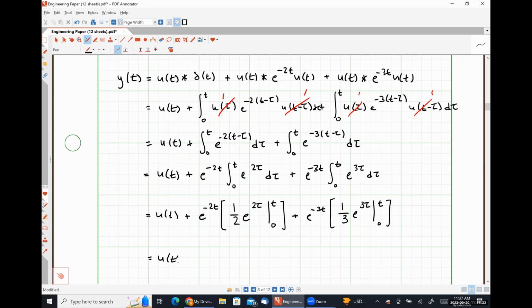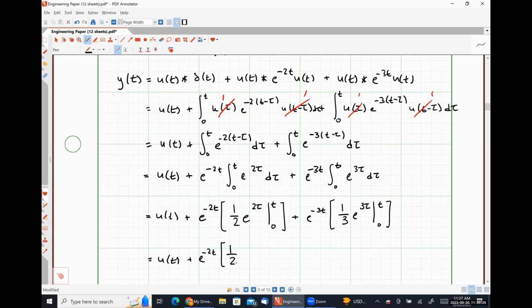So I'll have u of t plus e to the minus 2t times 1/2 e to the positive 2t minus 1/2, right? Because e to the 0 is going to look like 1.